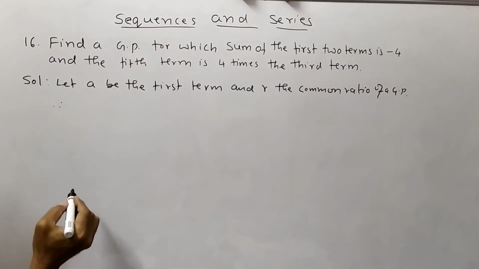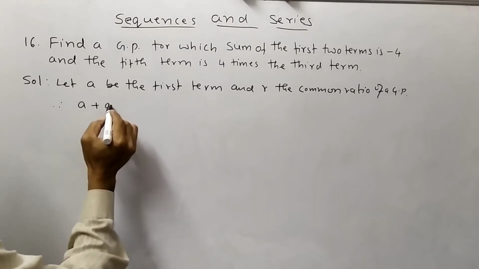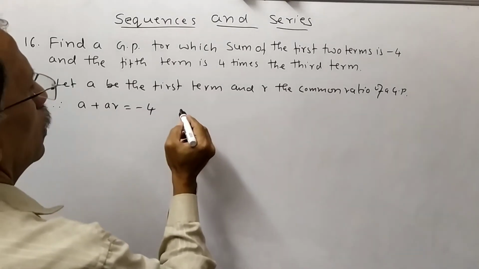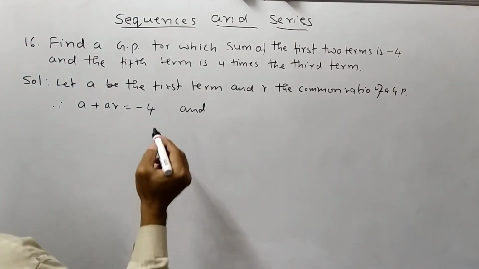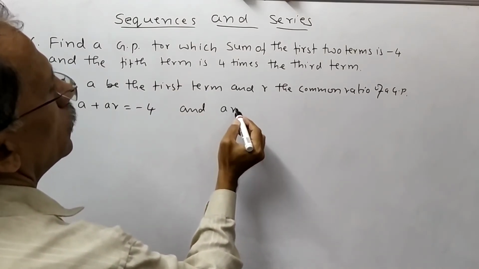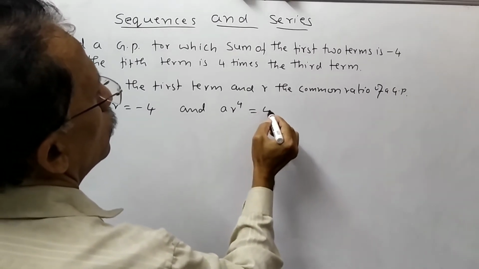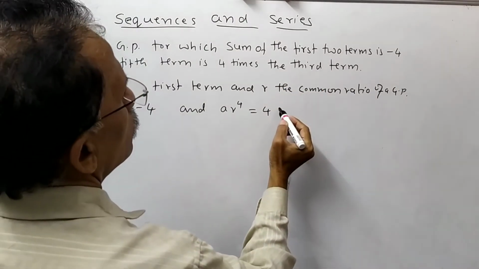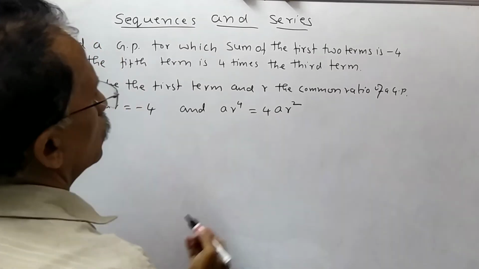Therefore, A plus AR is equal to minus 4, and the fifth term, that is A into R raised to the power 4, is equal to 4 times the third term, that is A R square.